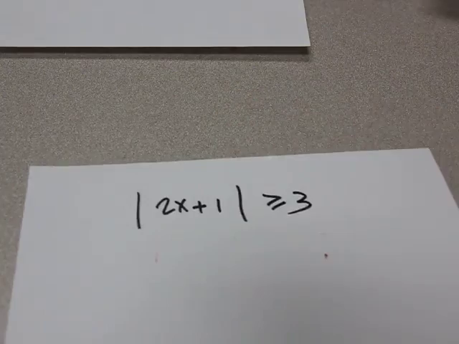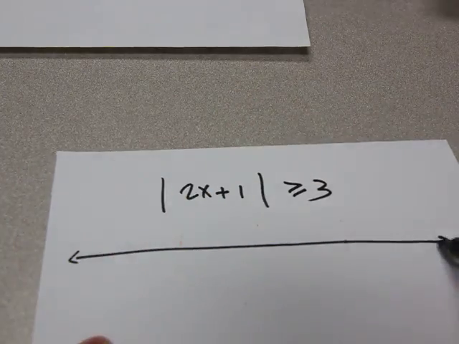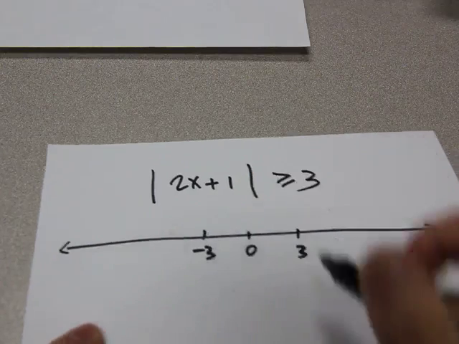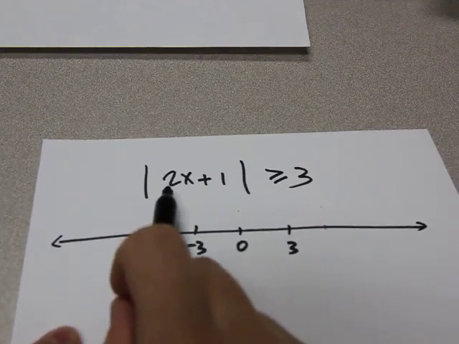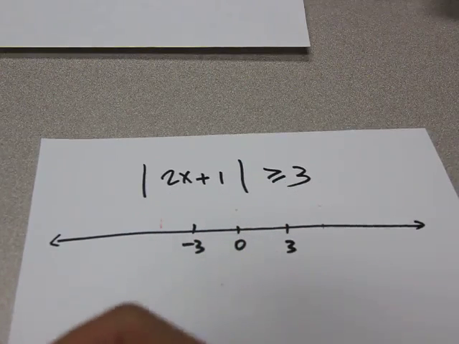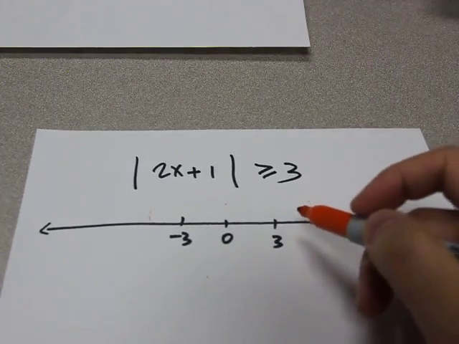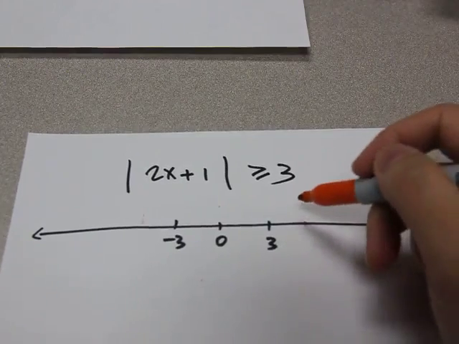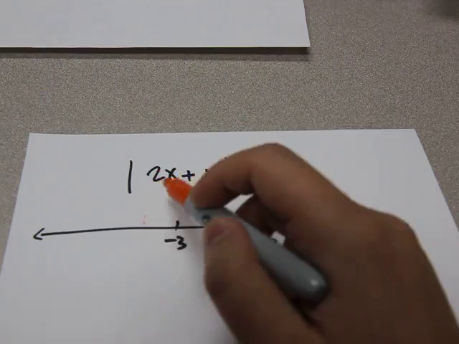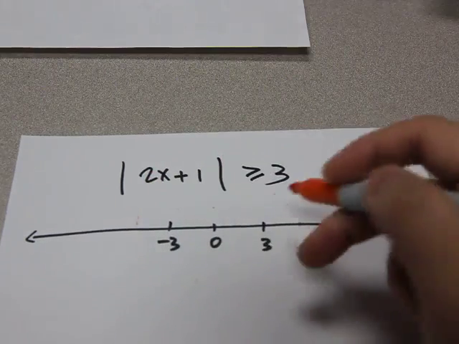Okay, let me do another one. The absolute value of 2x plus 1 is greater than or equal to 3. So the first step is that on this number line, we graph where this number, 2x plus 1, could be.